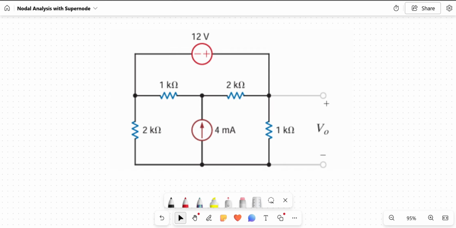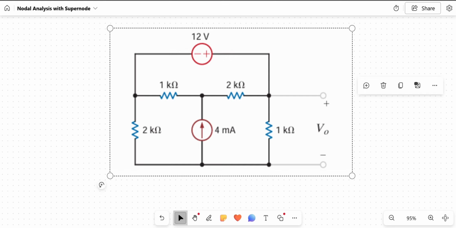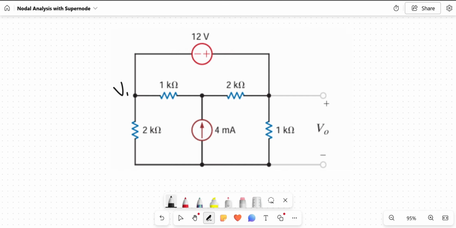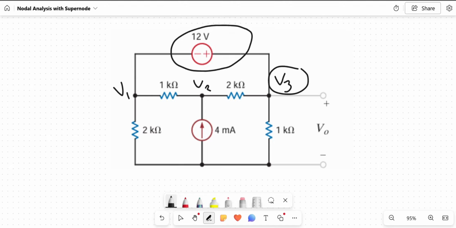So starting off with this circuit, the first thing we want to do is label our nodes. So I want to say that this is V1 over here, this is V2, and this is V3. One thing we can see is that there is a 12 volt source between V3 and V1.